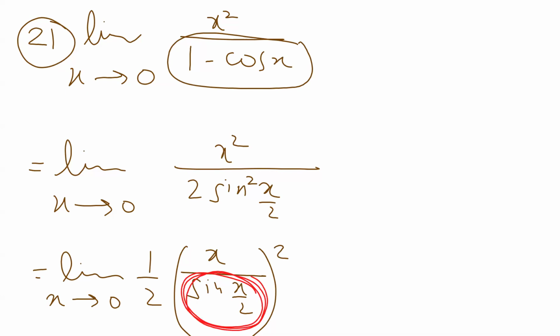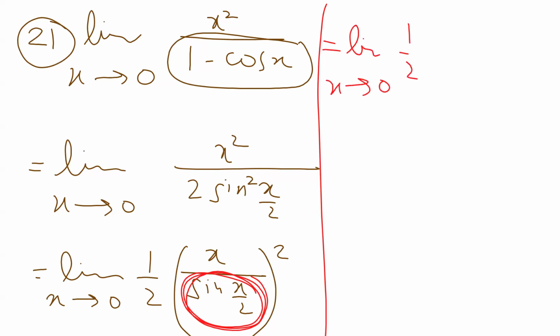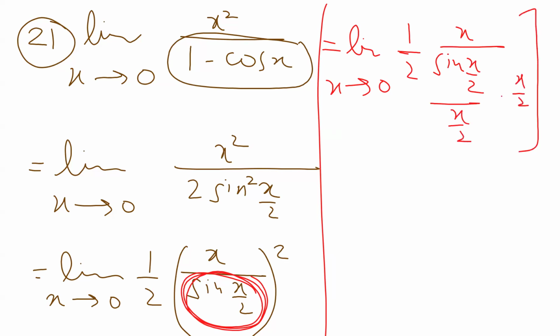So beneath sine x by 2, which term should be there? X by 2. Correct. So multiply and divide with x by 2.